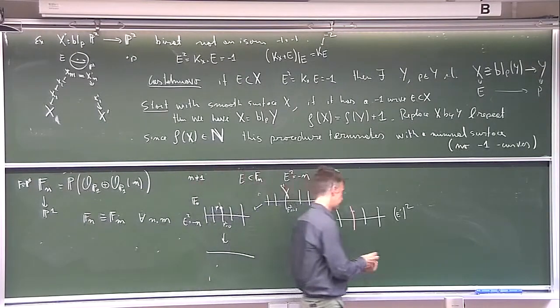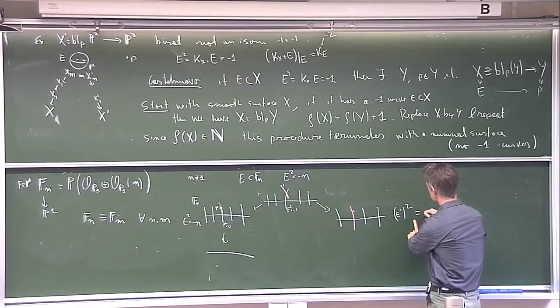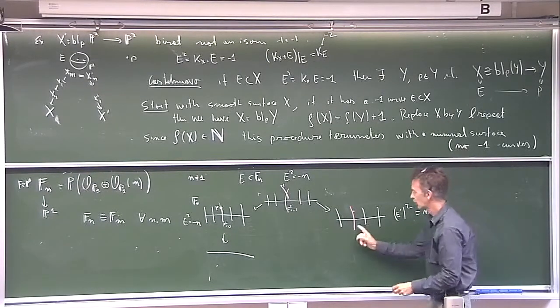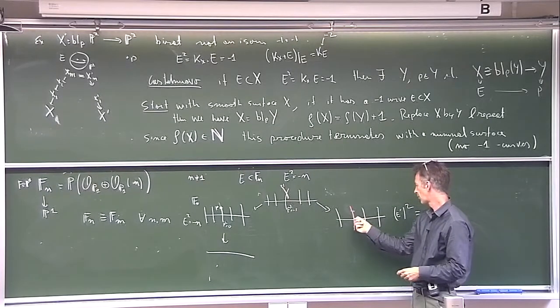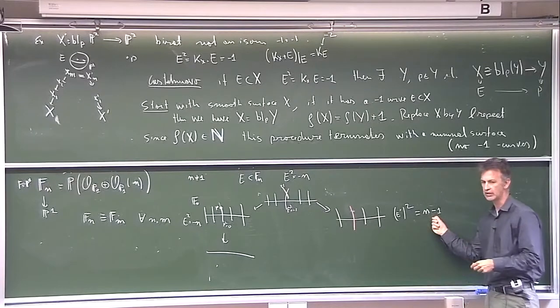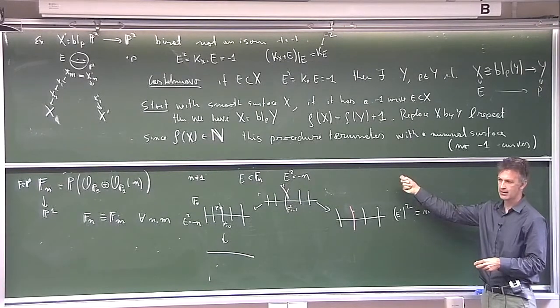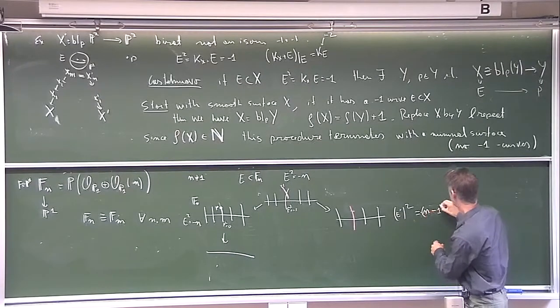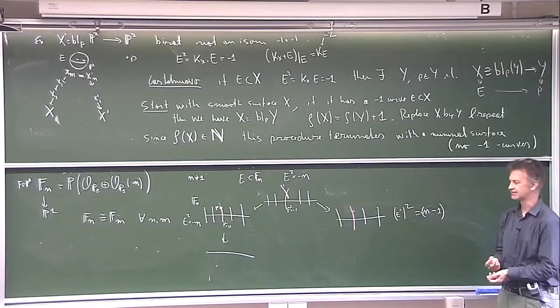So I believe if I do the computation correctly, this self-intersection will be now n minus 1. So to go back this way, I'm blowing up a point on the section, so the self-intersection will go down by 1. Yes, it will go down by 1 and become minus n.